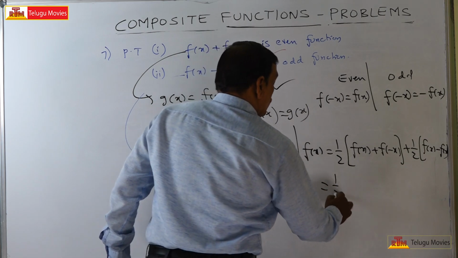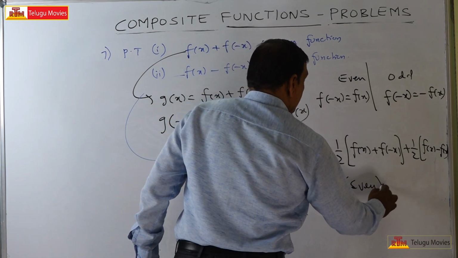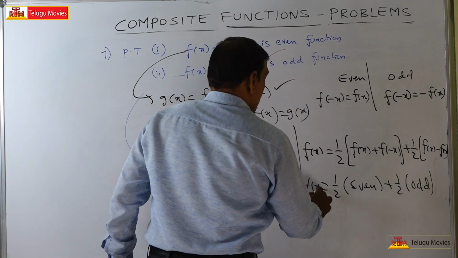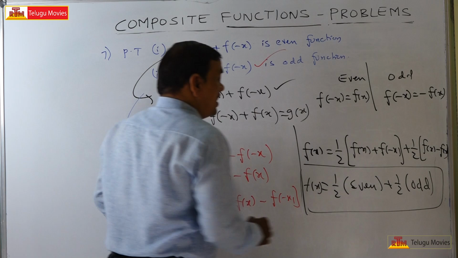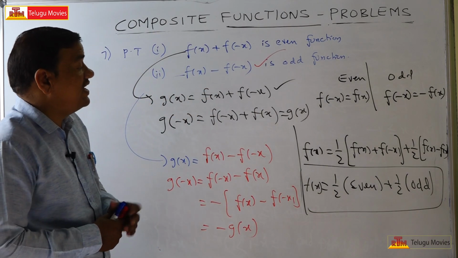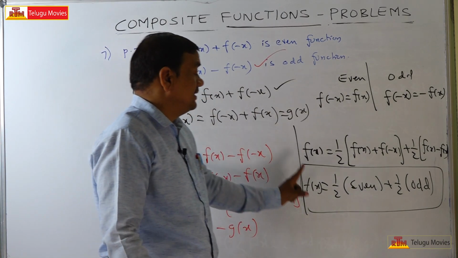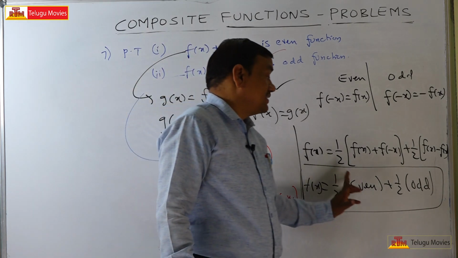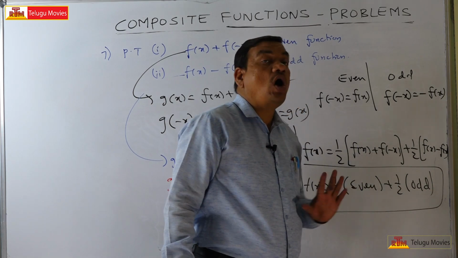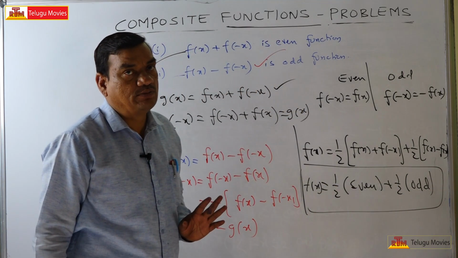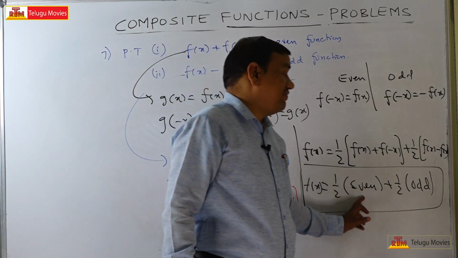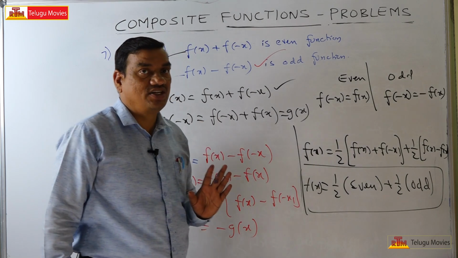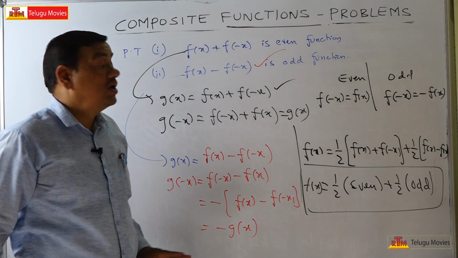That means 1 by 2 of an even function plus 1 by 2 of an odd function. From this we get a conclusion that every function can be expressed as a sum of an even function and an odd function, uniquely. Unique means in one and only one way.